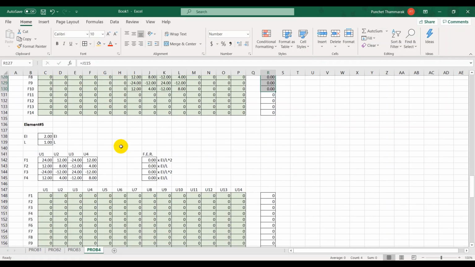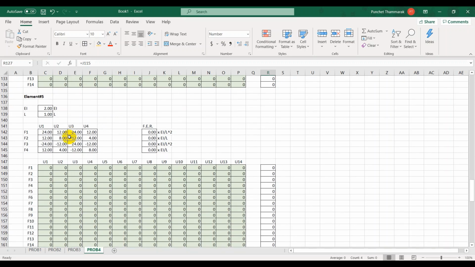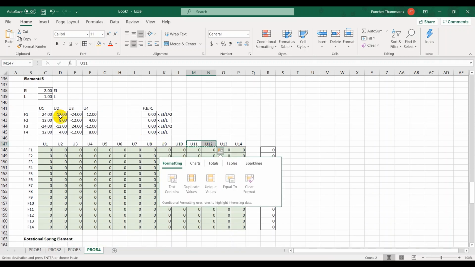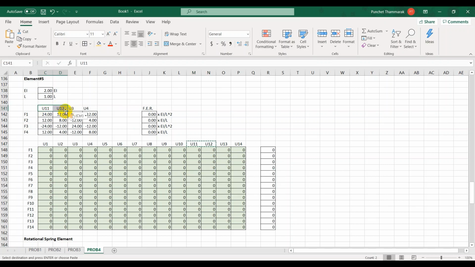Okay, number 5, it is not 9 10, it is 11 12 13 14, 11 12 13 14, 11, here.